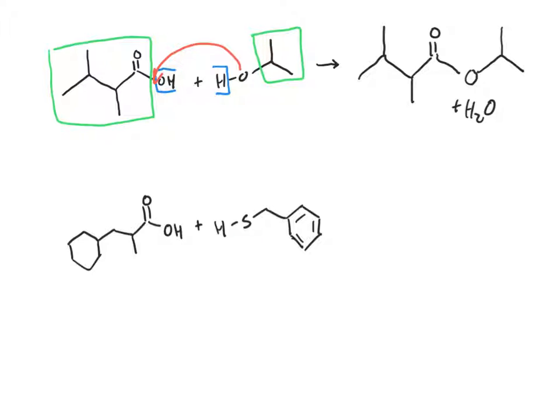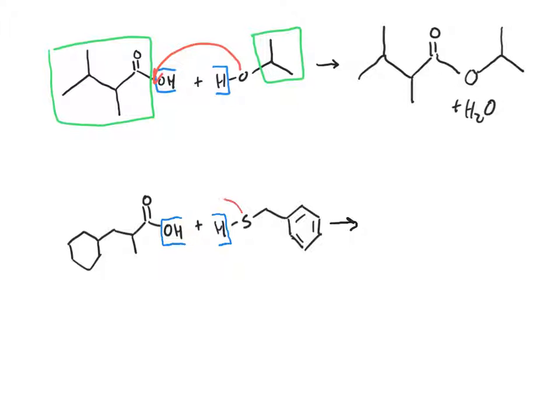The rest of the molecules are simply going to get pulled along in the reaction that occurs. And so, just as with our ester above, for our thioester, the OH from our carboxylic acid and the H from our thiol are going to be removed in order to form water.